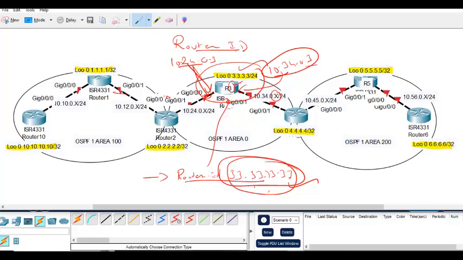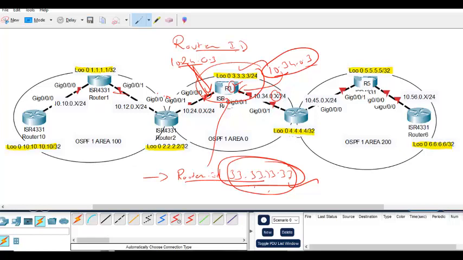So far we have seen about router ID. Router ID is very important in OSPF. Every router should say its name along with the advertisement. This is the name for the router. Now I want to ask a question to any one of you who can answer. What if I have two loopback interfaces?